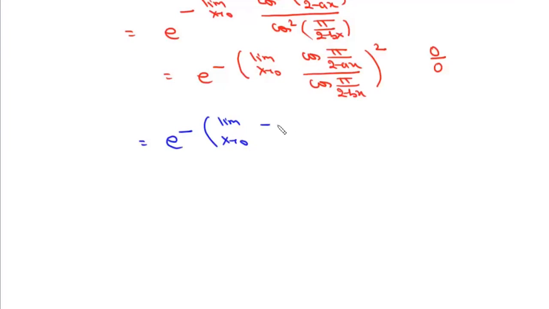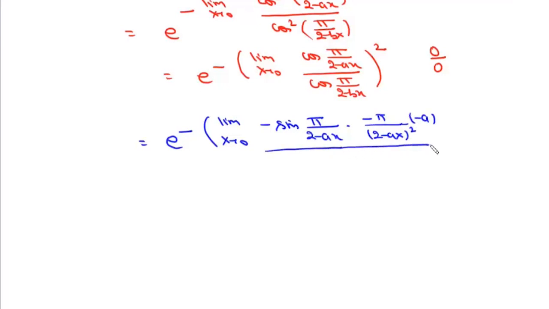Now differentiation of cos is minus sine, so it will be minus sine of pi upon 2 minus ax, and then minus pi upon 2 minus ax whole square into minus a, and the denominator will be minus sine of pi upon 2 minus bx, and then minus pi upon 2 minus bx whole square, and then minus b, whole square.